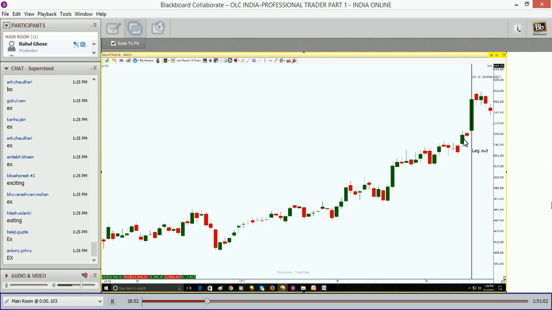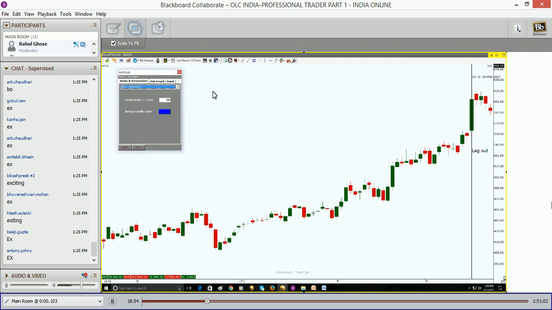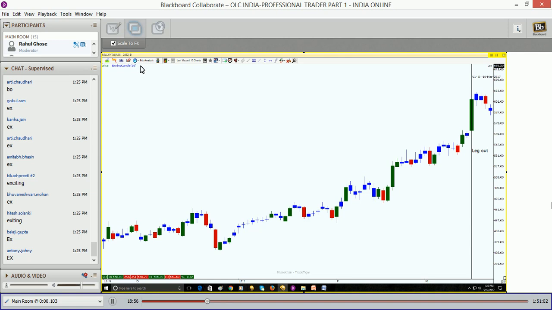Everybody seems to be sure, and absolutely it is indeed an exciting candle, which means this small red candle becomes my base and this green candle becomes my leg in. I have my leg in, base, and my leg out.